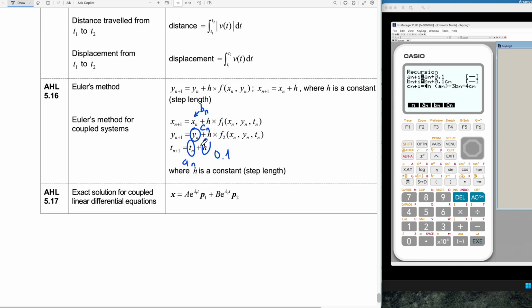Now the next step is very important. We need to hit the set button, F5, to choose the initial condition.